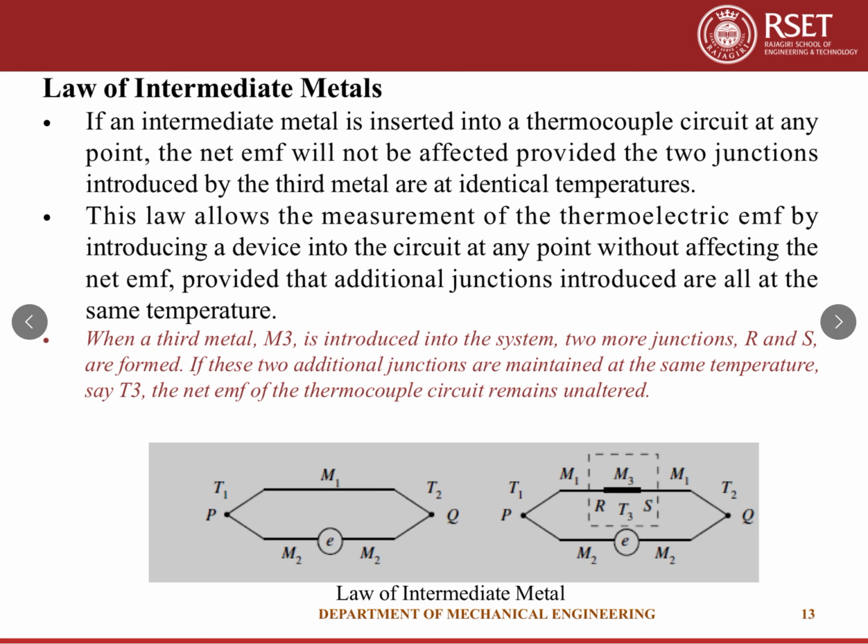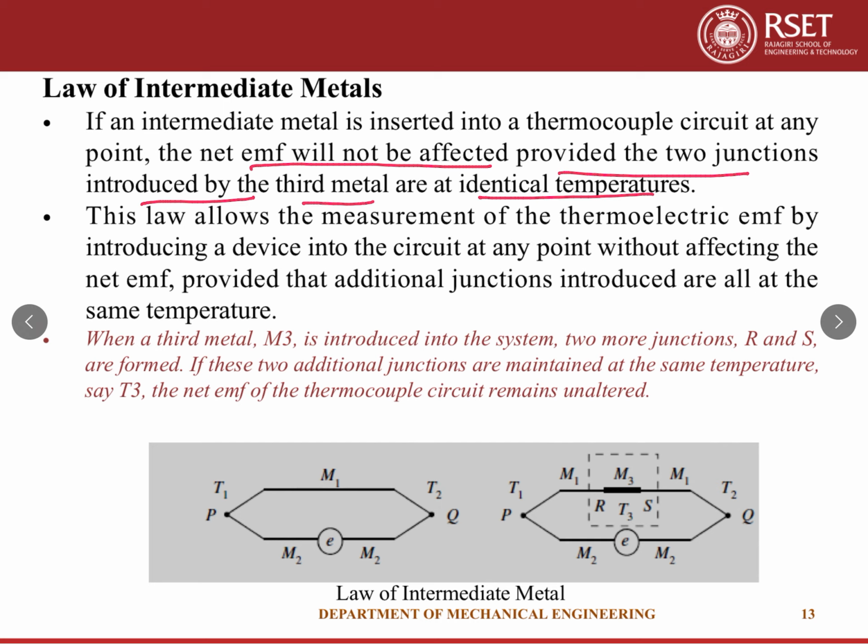Then we have the law of intermediate metal. If an intermediate metal is inserted into a thermocouple circuit at any point, the net EMF will not be affected, provided the two junctions formed by the third metal are at identical temperature.